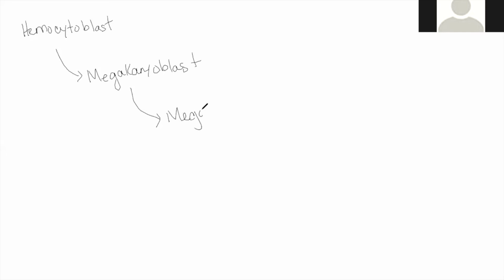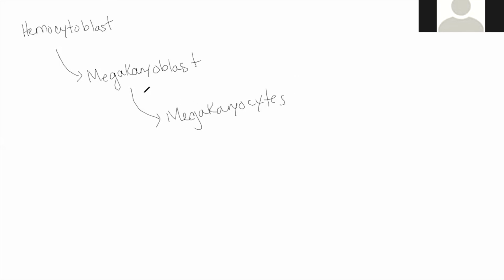So we have this hemocytoblast, right? And this hemocytoblast is going to eventually develop into a megakaryoblast, all right? And then this megakaryoblast is going to develop into what we call a megakaryocyte. All right, I'll take you back to that slide in a few minutes.